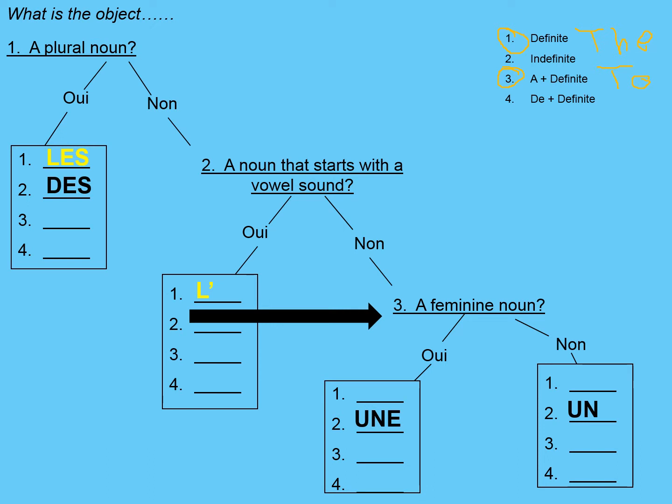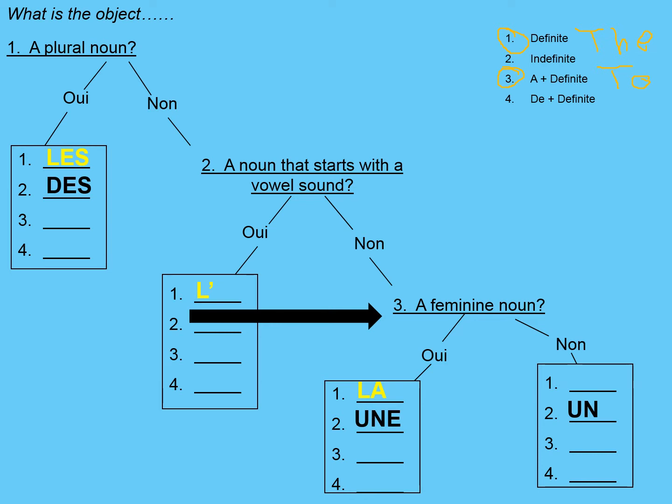Now, a little bit about if I want to say I like the girl. It's not plural. It doesn't start with a vowel sound, the word fille. Is it feminine? Yes, it is. So when I say I like the girl, I'm going to say j'aime la fille. J'aime la fille. And maybe I want to say something like I like the boy.